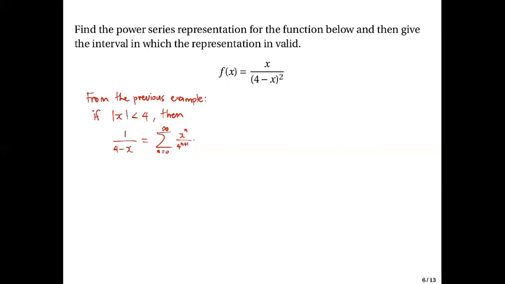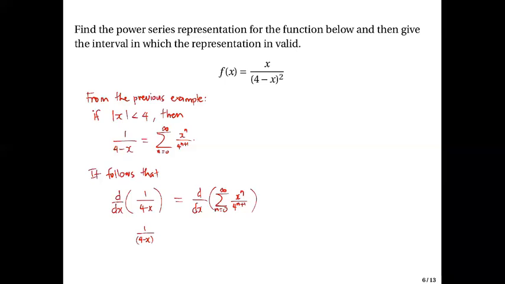It follows that we get the derivative with respect to x of 1 over 4 minus x, which is equal to the derivative with respect to x of the series x to the n over 4 raised to n plus 1, from 0 to plus infinity. And for the left side, we shall get 1 over 4 minus x quantity squared.